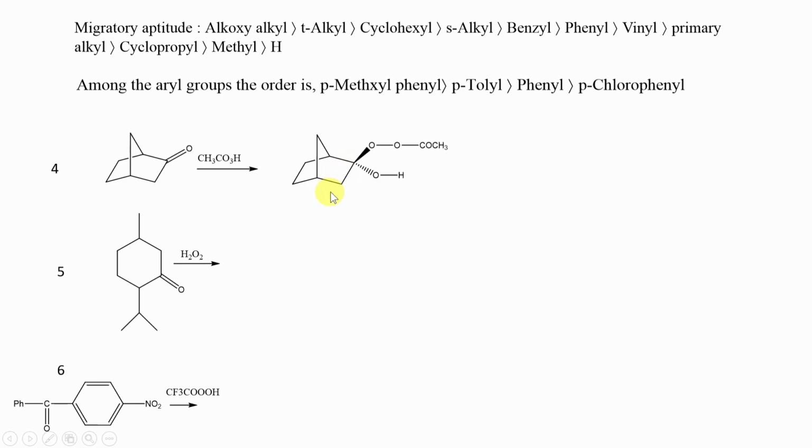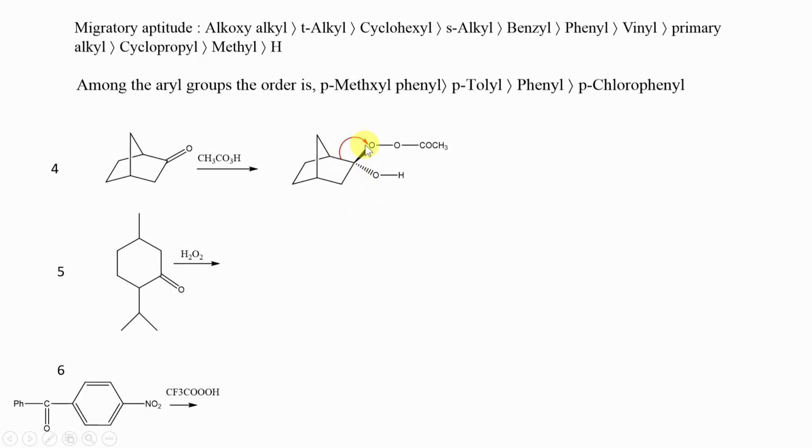Then in the next step, the alkyl group gets migrated. This alkyl group is migrated towards this oxygen, and then rearrangement takes place to form the final product. You can see the mechanism.